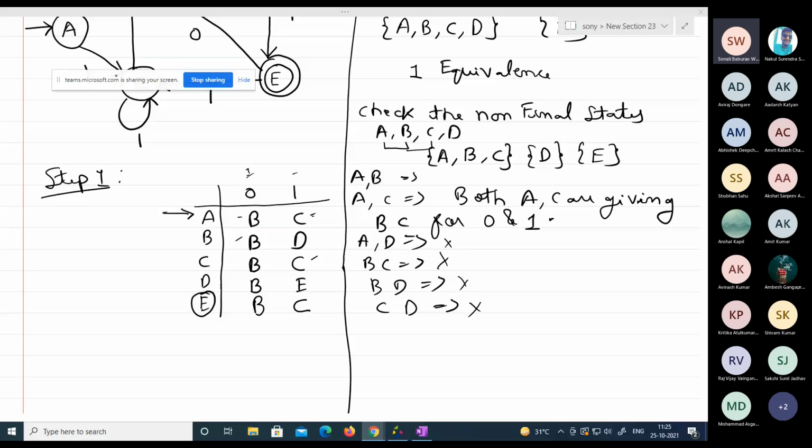Now we will compute two equivalence. Which pairs do I have to consider for two equivalence here? Either AB, AC or BC, right? I have these pairs now.